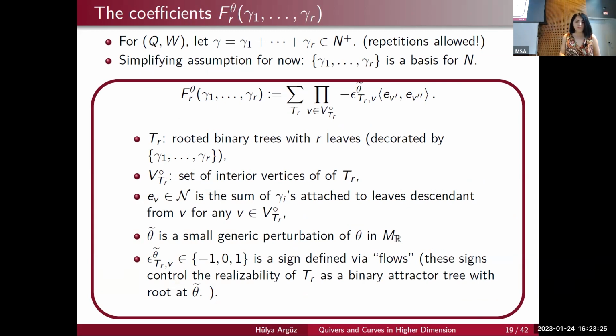For this slide only, I will have a simplifying assumption that gamma 1 to gamma r is a basis. So we do write these coefficients F_r theta gamma 1 to gamma r as a combinatorial sum over rooted binary trees T_r. And inside the sum, there is the product over all interior vertices of T_r. There is a sign epsilon.